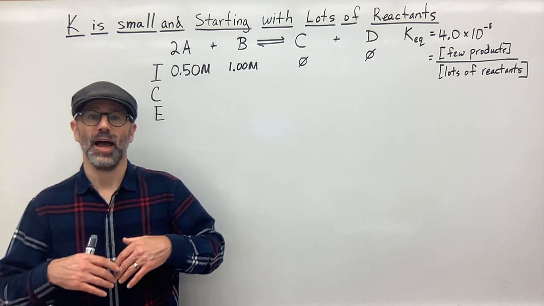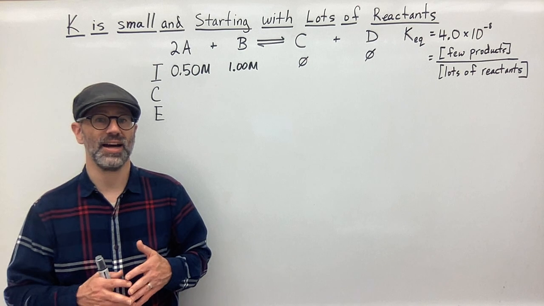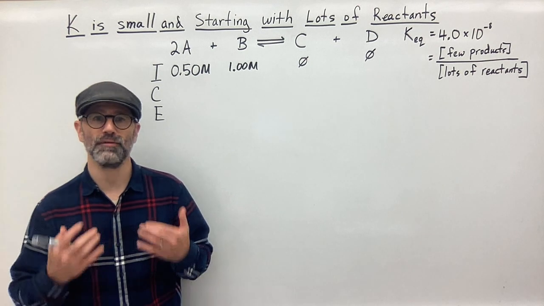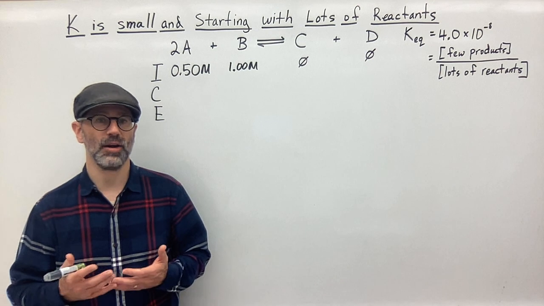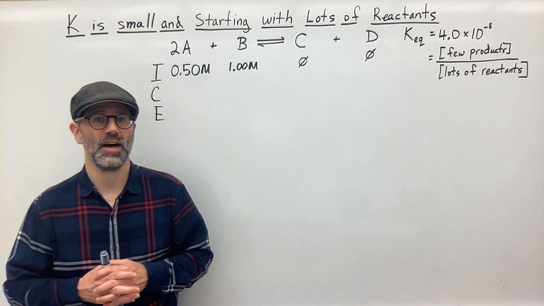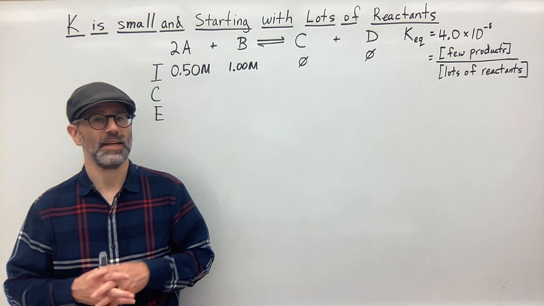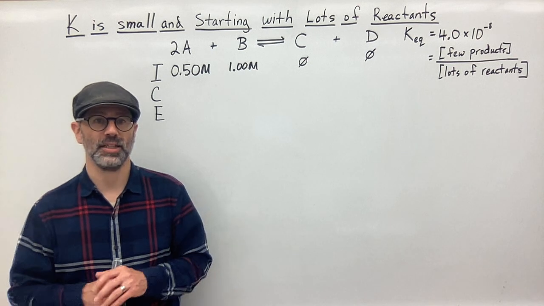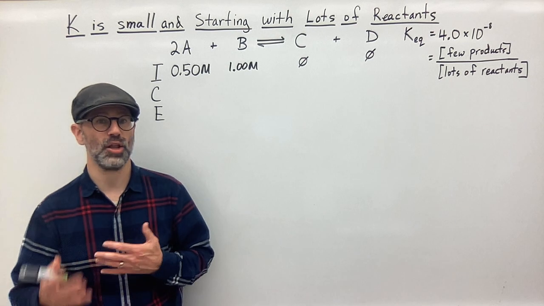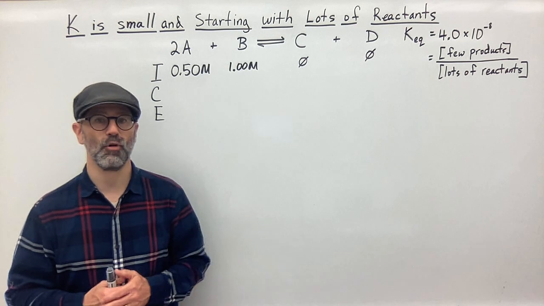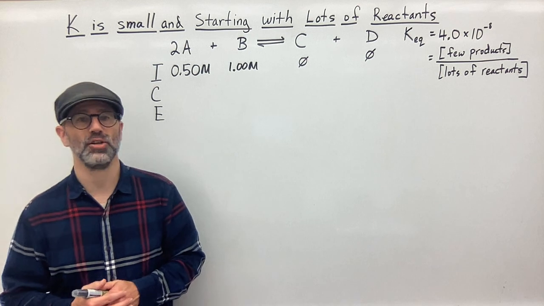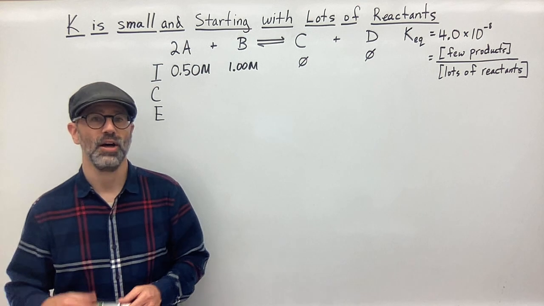But again, anytime you use the X is small approximation and neglect X, you have to do your 5% rule calculation to make sure that it is within the 5% margin of error. And if it is, then you know it's a valid assumption to neglect X. And if it's not, then you have to go another route, like using the quadratic formula or the method of successive approximation in order to solve the problem.